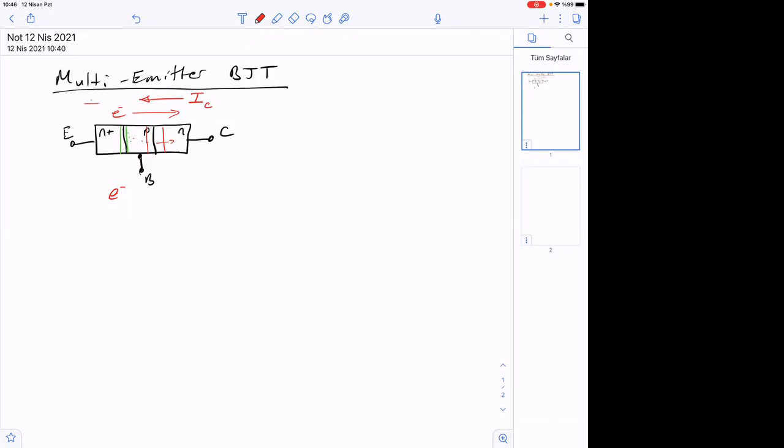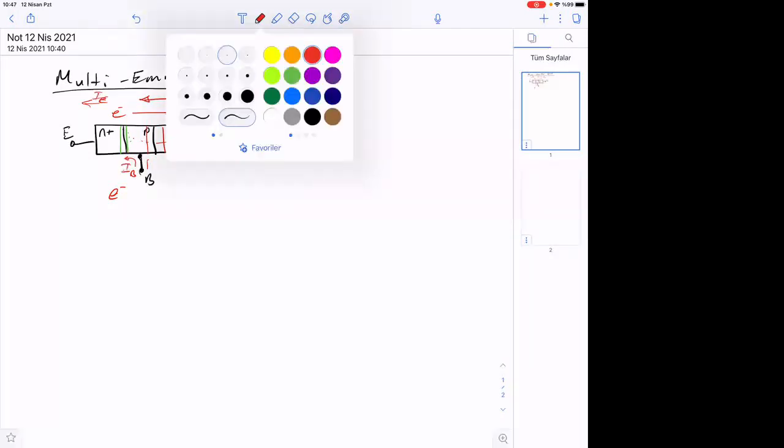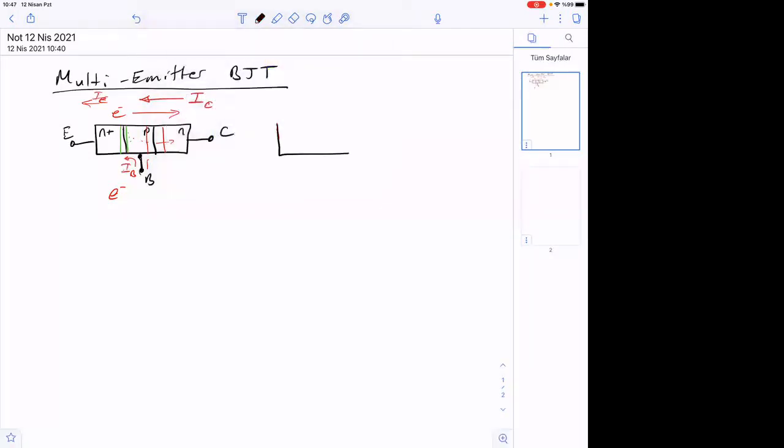And then this current is going to be the emitter current, and any current that's coming from here is called the base current. Sorry, the base current direction is wrong, I guess. Current is in this direction, so I base current.